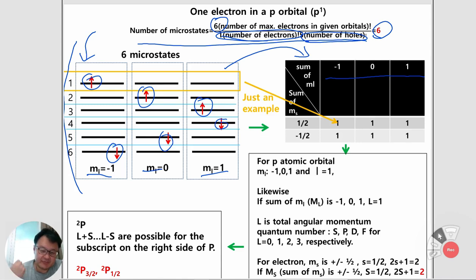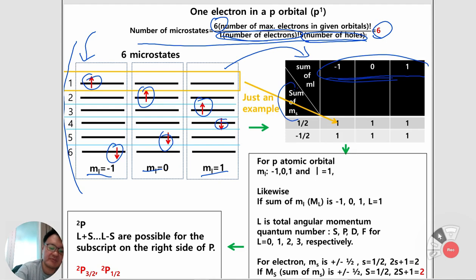But of course, later on, we are going to consider multi-electron systems. If you have 2 or more electrons, then the magnetic quantum number of each electron should be summed up to get this value. But in this case, we have only one electron, so the sum of magnetic quantum numbers is the same as the magnetic quantum number of that electron. That can be either -1, 0, or 1.